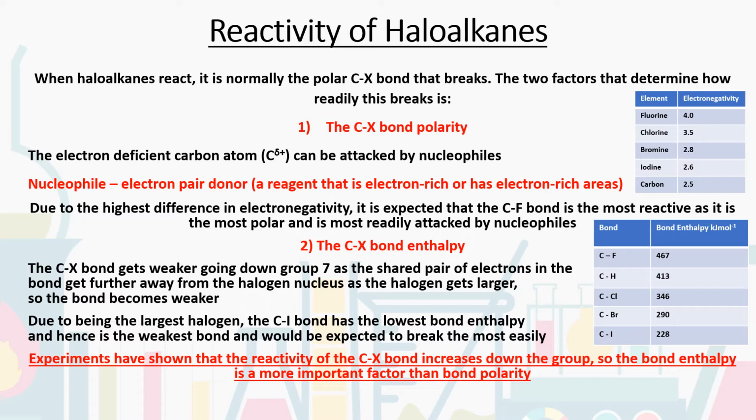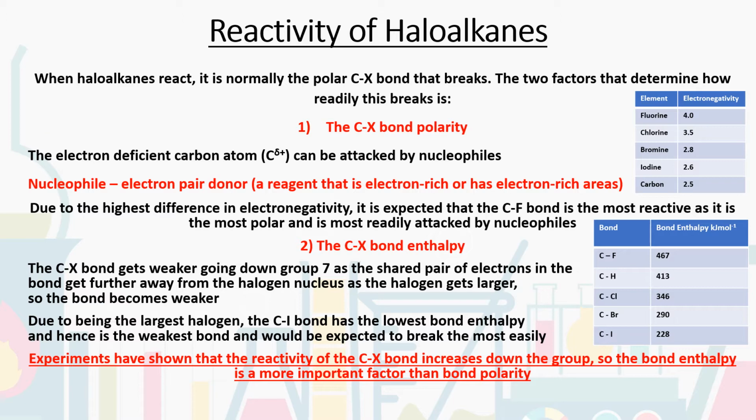We start from a carbon-fluorine bond at 467 kilojoules per mole, all the way down to a carbon-iodine bond at 228 kilojoules per mole. As we go down the group, the shared pair of electrons in the bond gets further away from the halogen nucleus because the halogen gets larger, and the electrons go into further outer shells. And so the overlap of the electrons with the carbon atom becomes weaker.